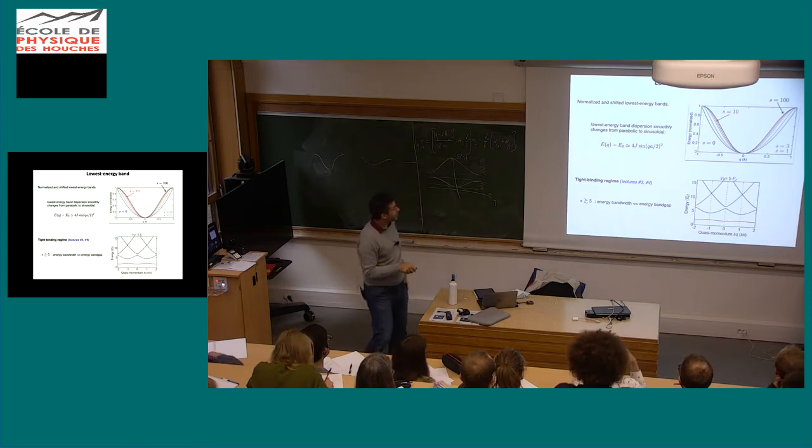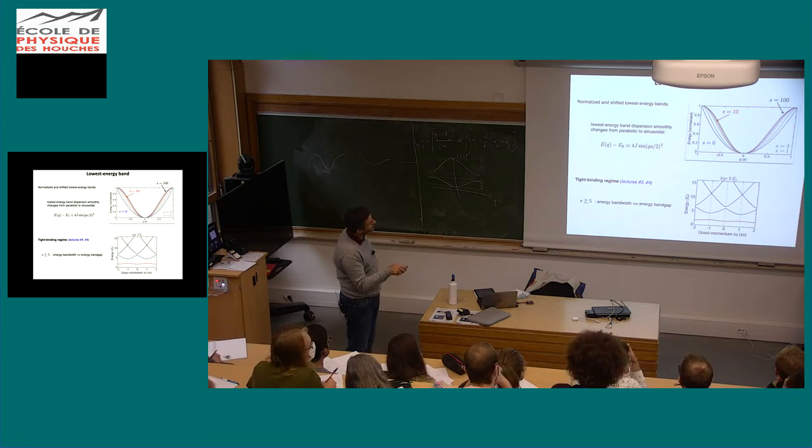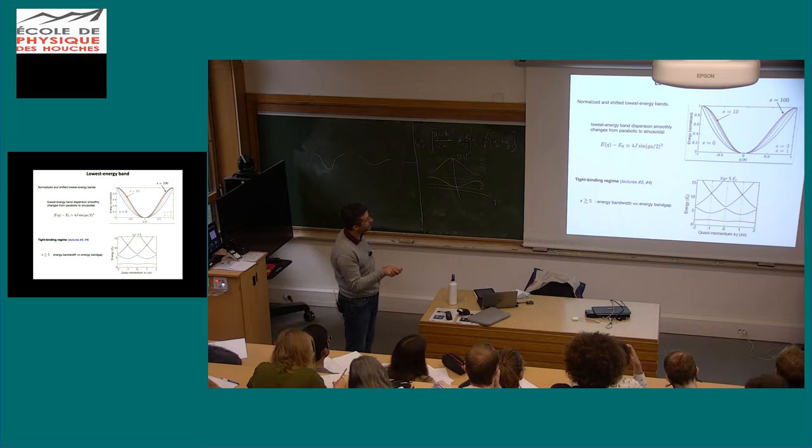But what I want to stress here is that in blue you have the parabola of a non-interacting particle. And if you increase the lattice amplitude, then you get towards this cosine function, which is, in the black case, this sinc square.